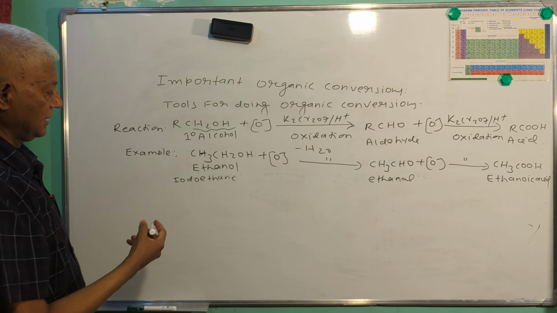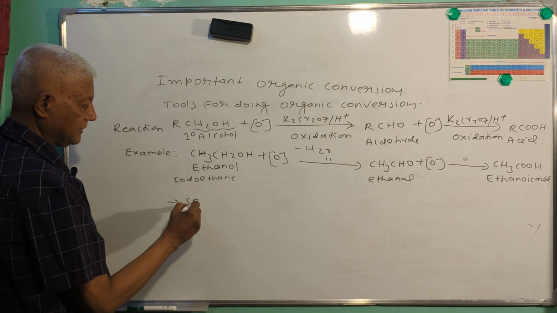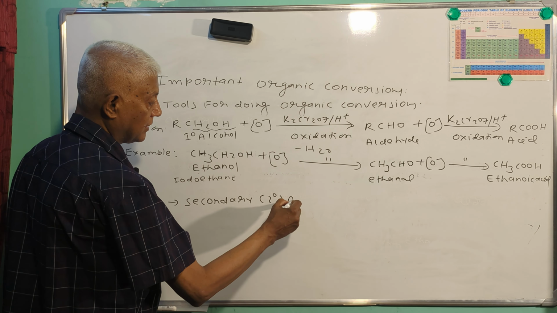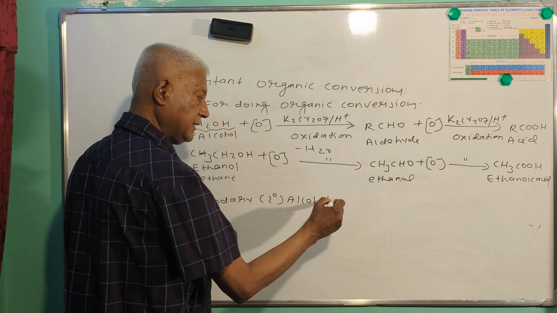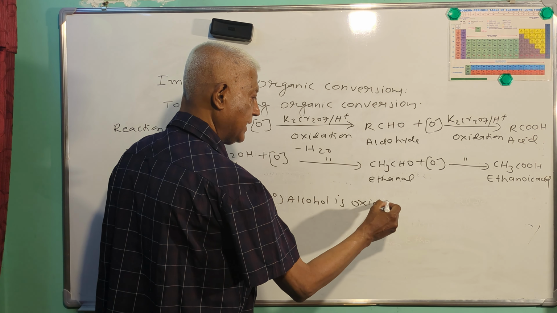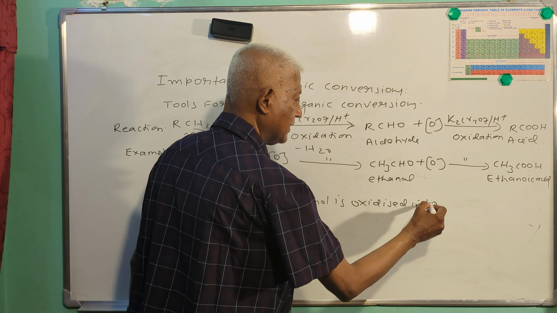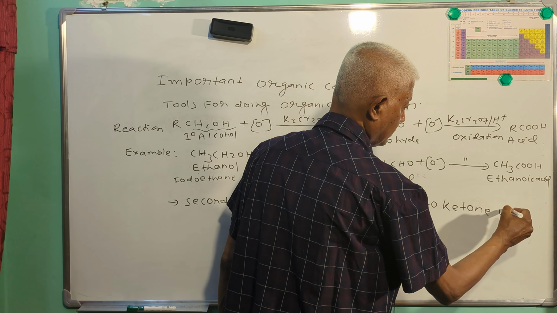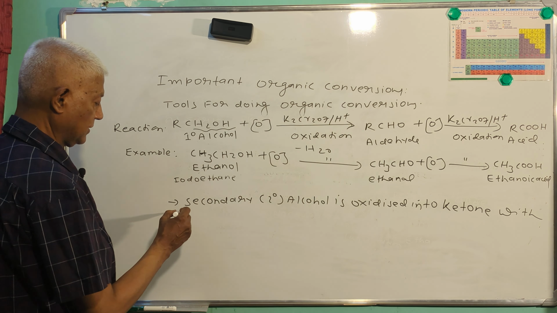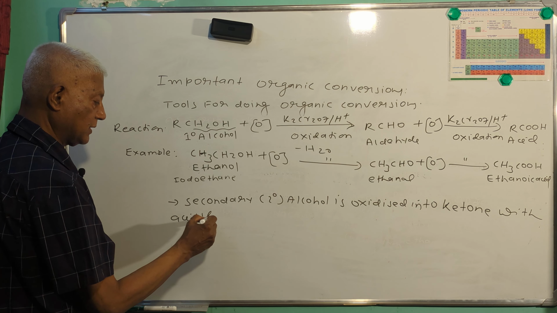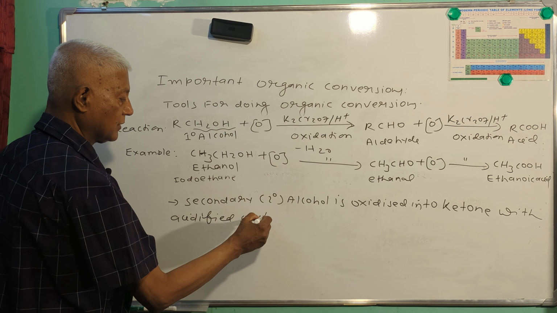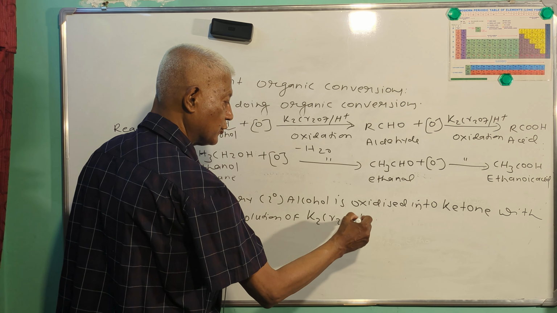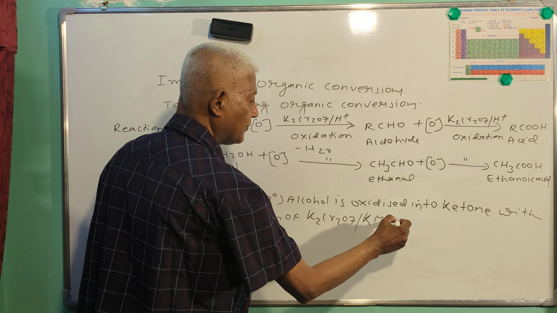That is primary alcohol. The next one is secondary alcohol, which is oxidized into ketone with an acidified solution of potassium dichromate or potassium permanganate.